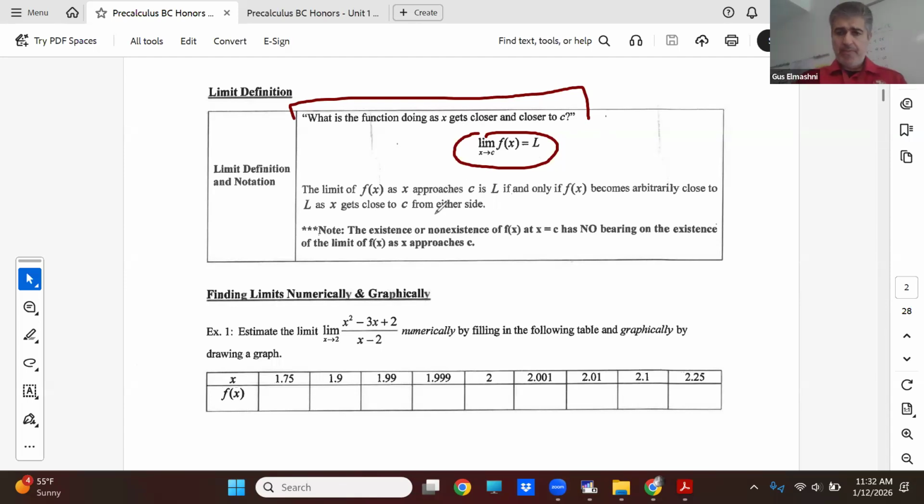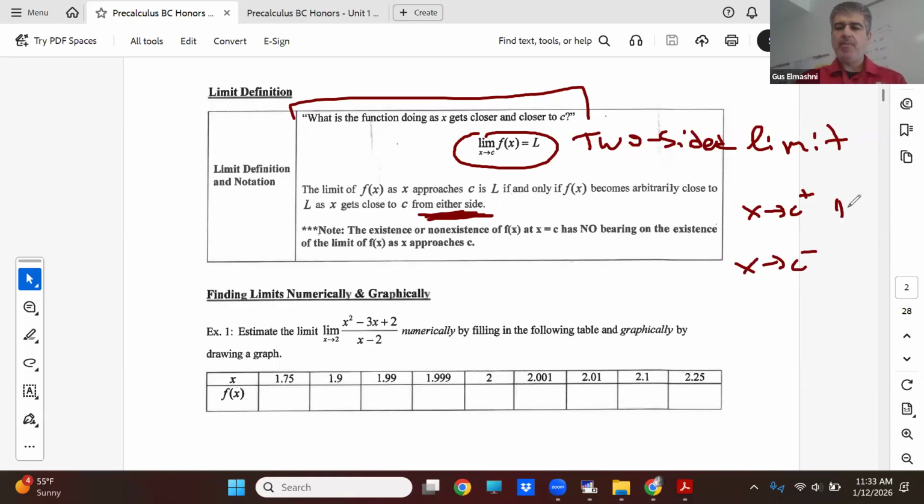This actually is very important. We call this a two-sided limit. That's because we want to approach c from the right side and approach c from the left side.